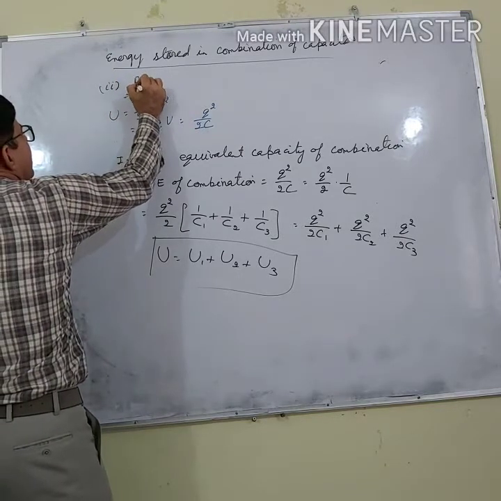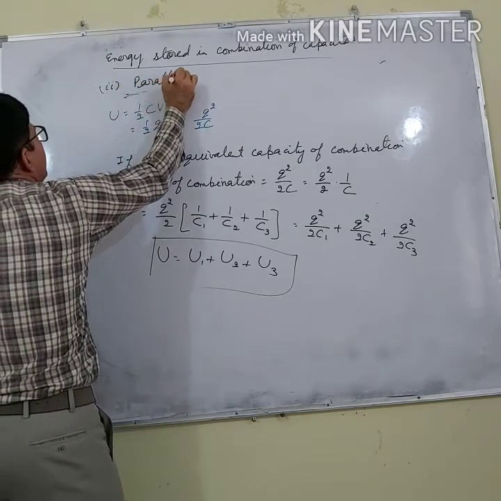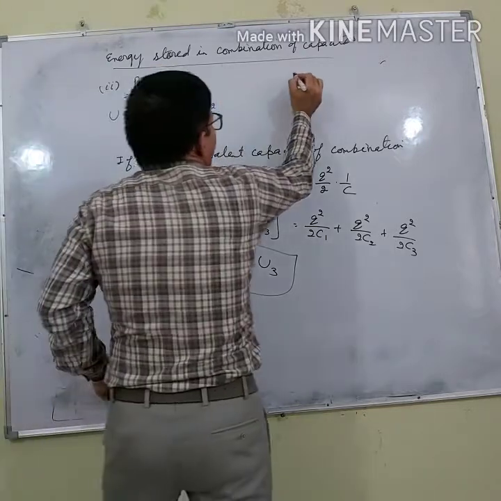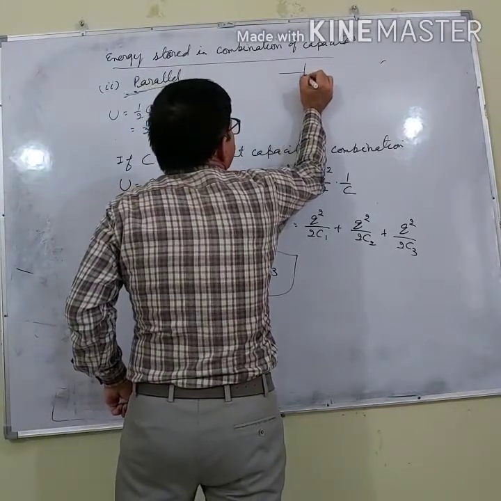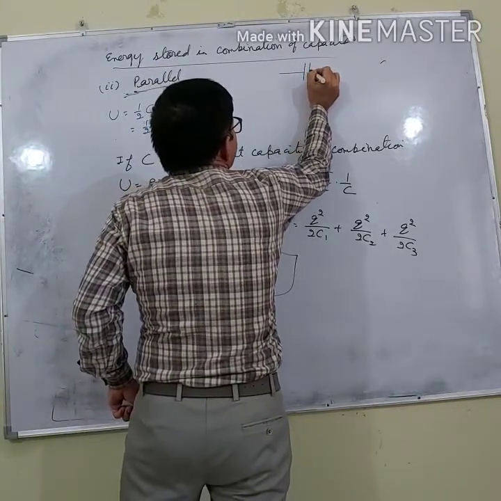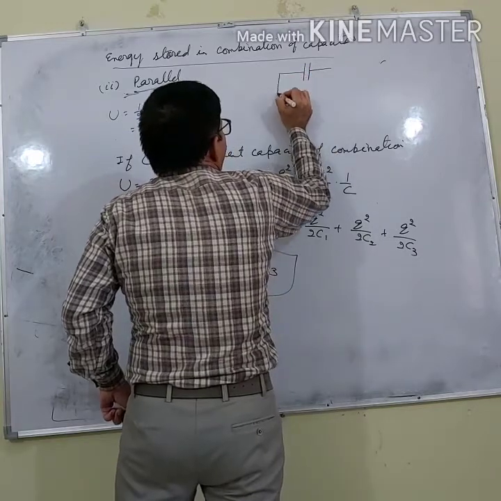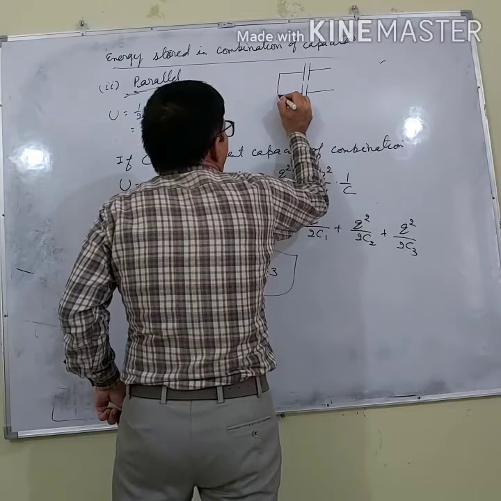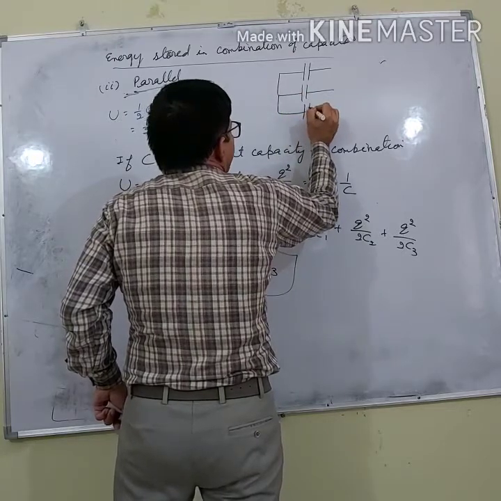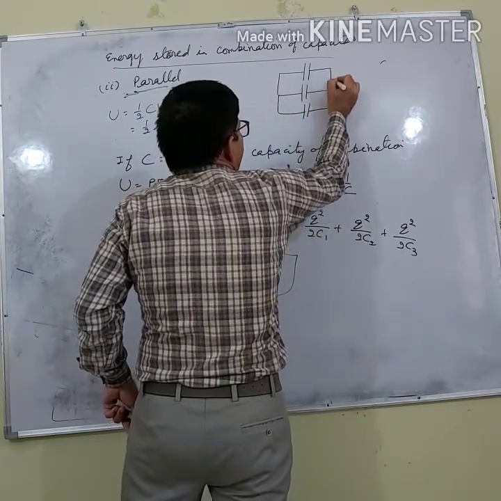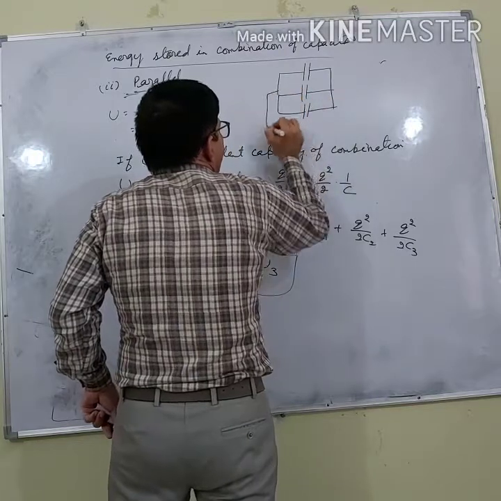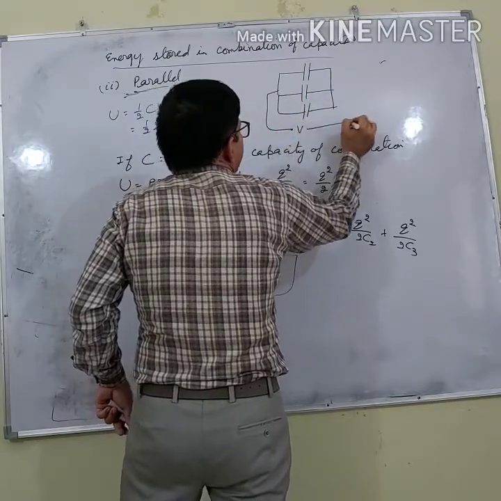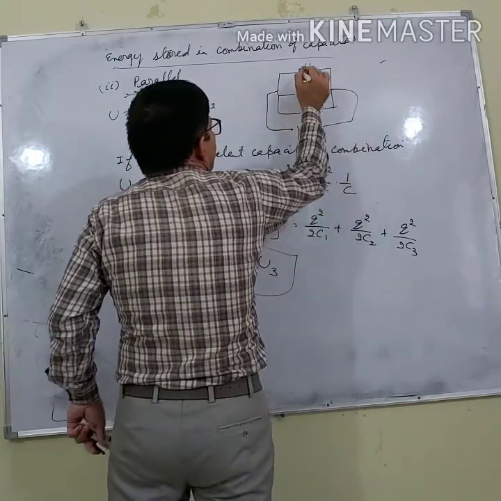Let us say parallel combination. Now students, let us say this capacitor is C1 and I am having another capacitor C2. I am having another capacitor C3. Let us say these are connected in a parallel combination.